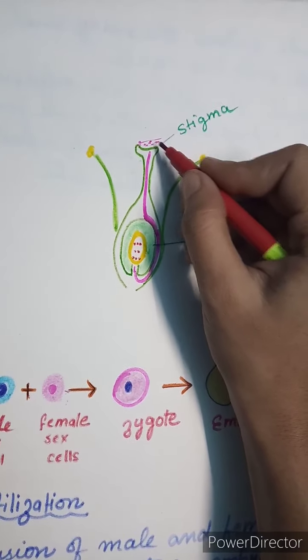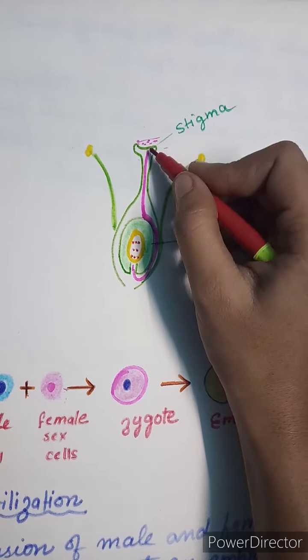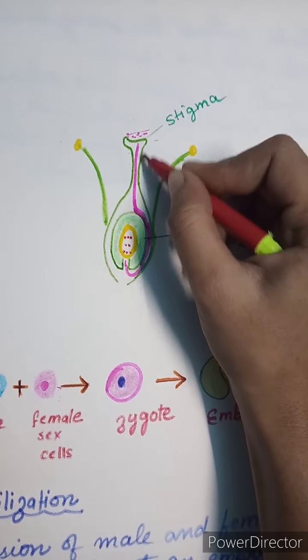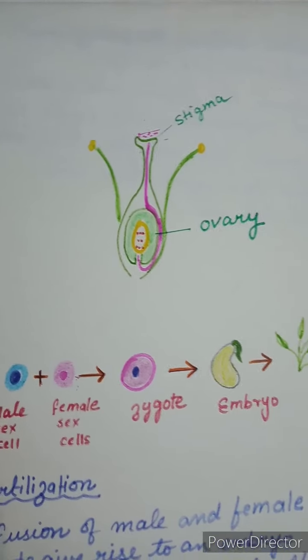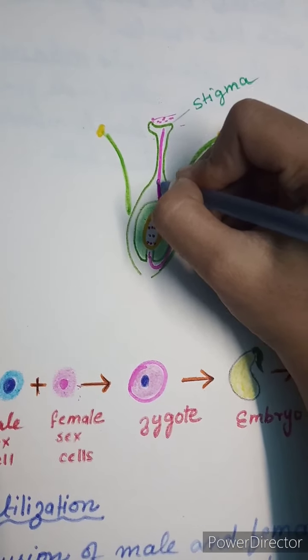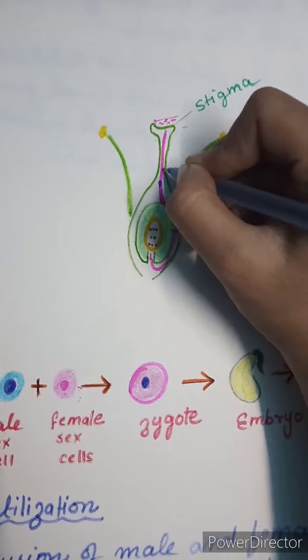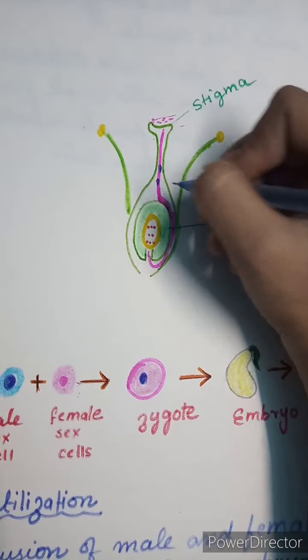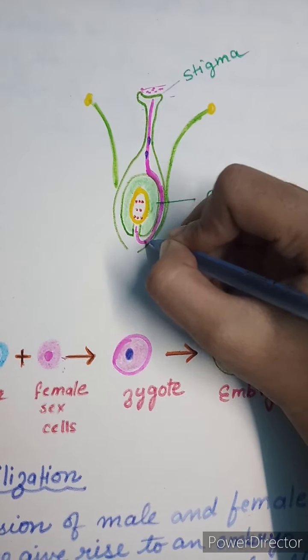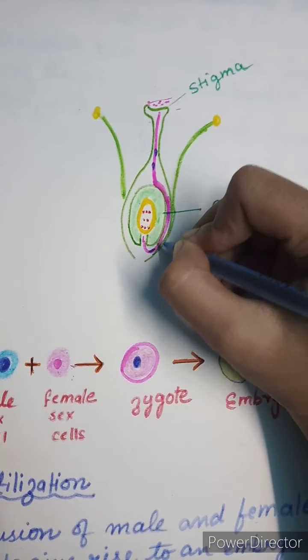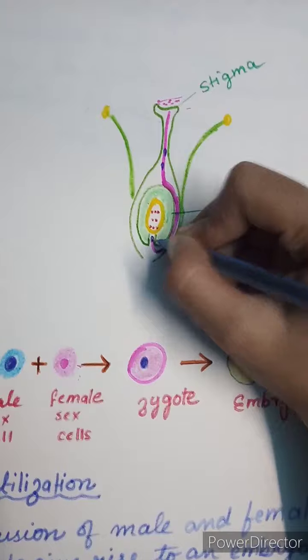So the pollen grains stick to the stigma, then make a pollen tube, and in the pollen tube there are male sex cells. These are the male gametes, and they are moving towards the ovary.